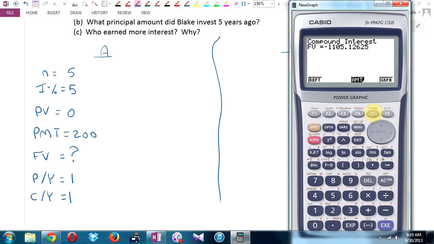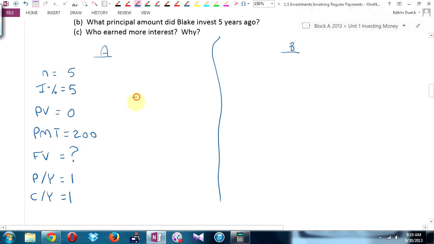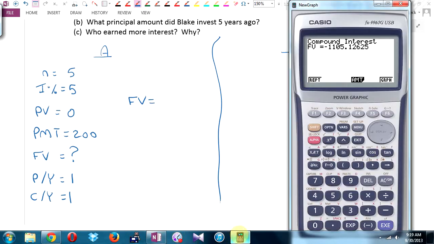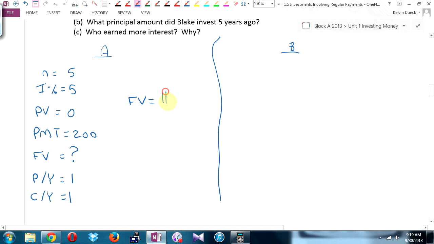Ignoring the negative, do you guys get 1105.13? Anybody else? You're all typing this in and following along. What was it? 1105.13. What did part A want me to find?